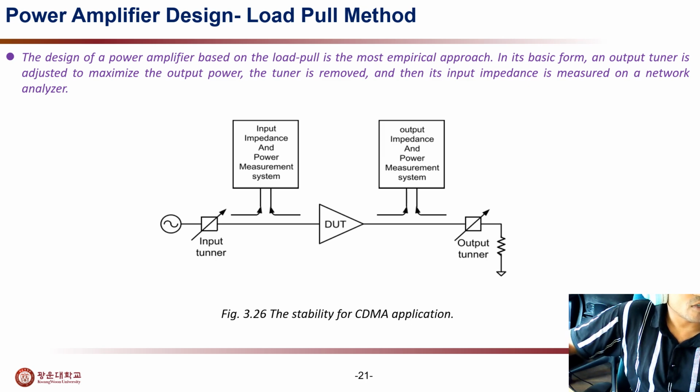There is the output tuner, and there is also an input tuner, but if the tuner is removed, then its input impedance is measured on a network analyzer. It is actually for CDMA applications, with an input impedance and power measurement system, for both input and output.